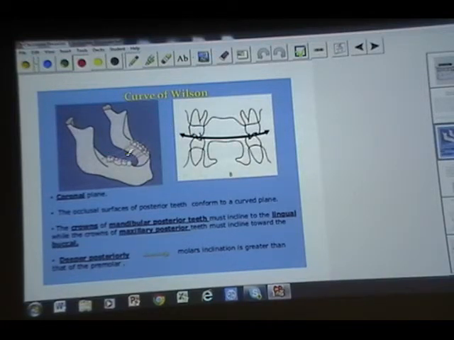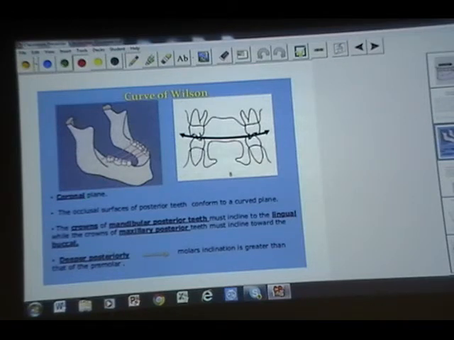Here we see it highlighted in the molar dentition, second premolar on the back. Here we see it in relationship really to the second premolar for the most part, going side to side. Because the surface of the posterior teeth conform to a curved plane, this is the curve of Wilson. The crowns of the mandibular posterior teeth must incline to the lingual, while the crowns of the maxillary posterior teeth must incline towards the buccal. Okay. So as they move side to side.